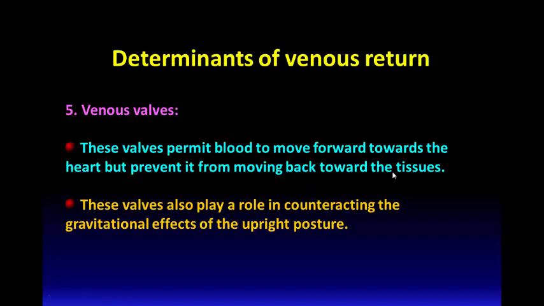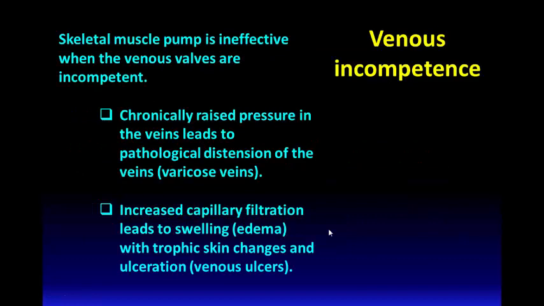These valves thus also play a role in counteracting the effects of gravity on the venous return in the upright position. Skeletal muscle pump is, however, ineffective when the venous valves are incompetent.